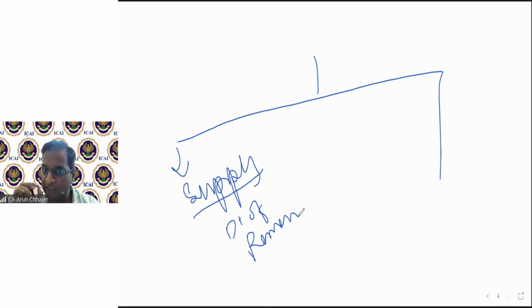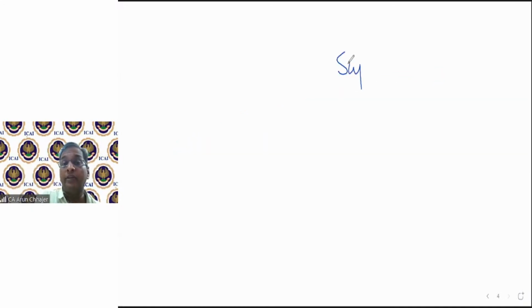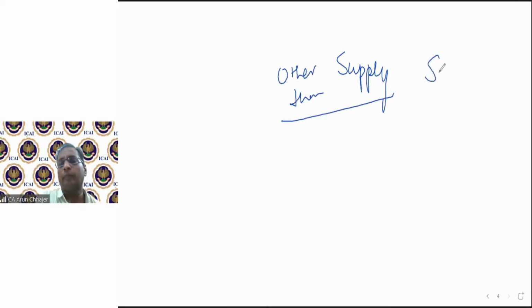You are removing the goods for supply or other than supply? The answer is supply. Then the date of the removal would be the last date to issue the tax invoice. Now, if I am removing the goods for reason other than supply, like sales on approval.